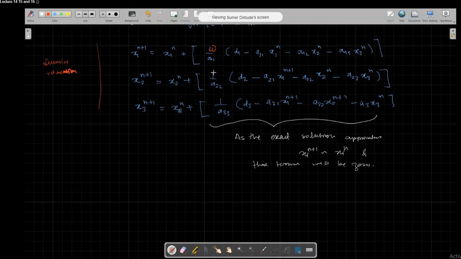Omega has a range from 0 to 2 for convergence.